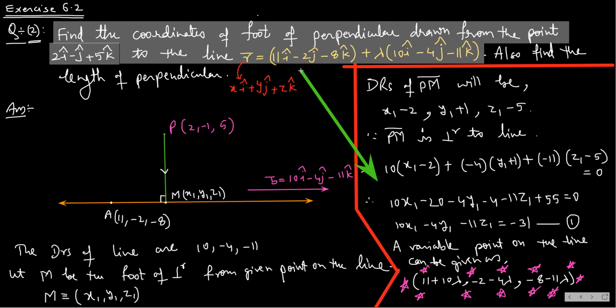It is only a matter of the respective lambda. For point A, lambda will be something different; for M, it will be different. So this variable point can also represent x1, y1, z1.